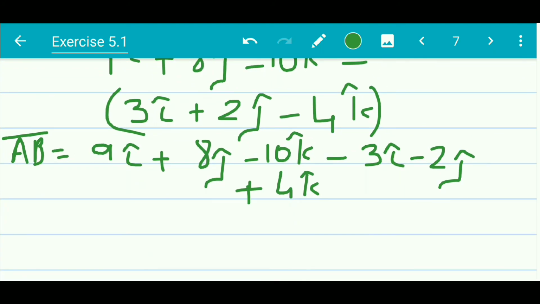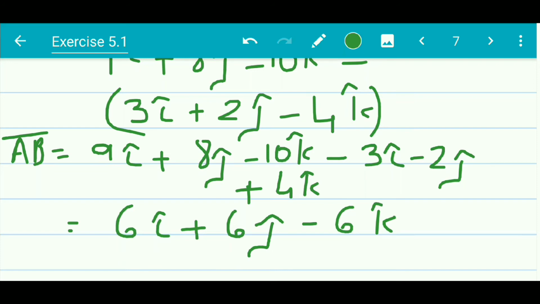Simplifying that, we have 9i minus 3i, that is 6i, 8j minus 2j, that is 6j, and minus 10k plus 4k, that becomes minus 6k. So this we keep in mind, suppose this is the first statement for us.